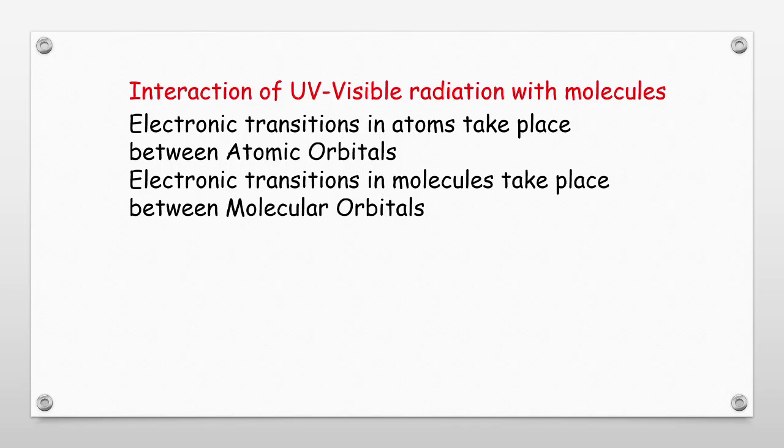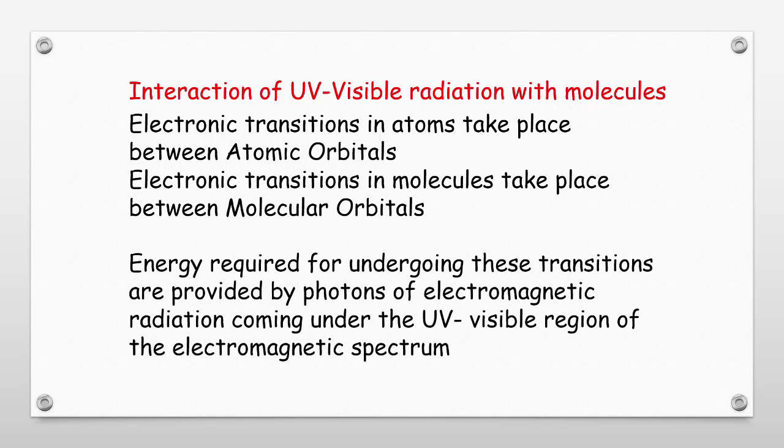So the electronic energy levels present in a molecule are the molecular orbitals, and to undergo transition between these molecular energy levels, energy is needed from the UV visible region of the electromagnetic spectrum. Only if light from the UV visible region is used will transitions among the molecular orbitals take place.